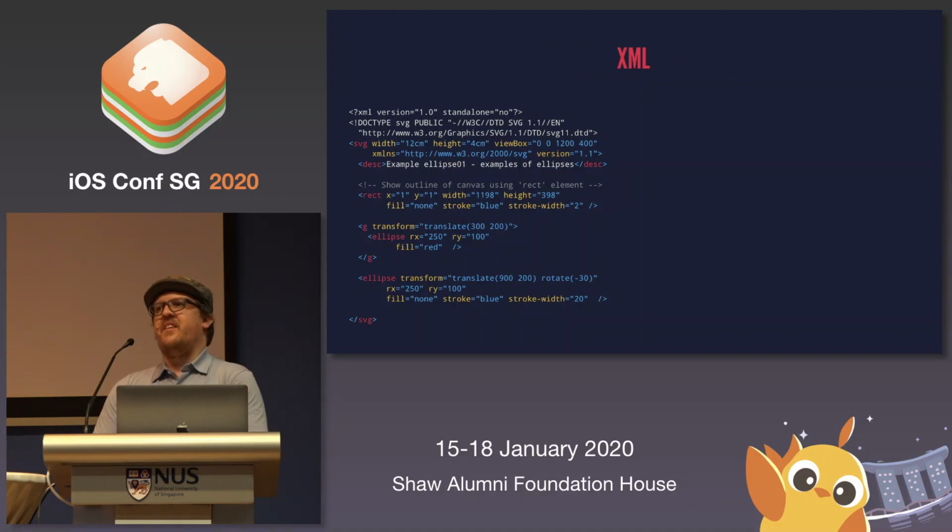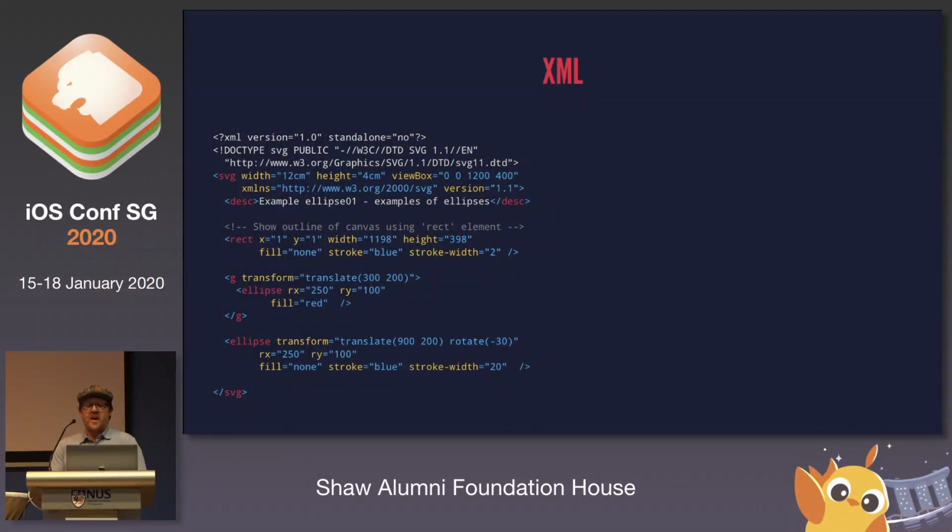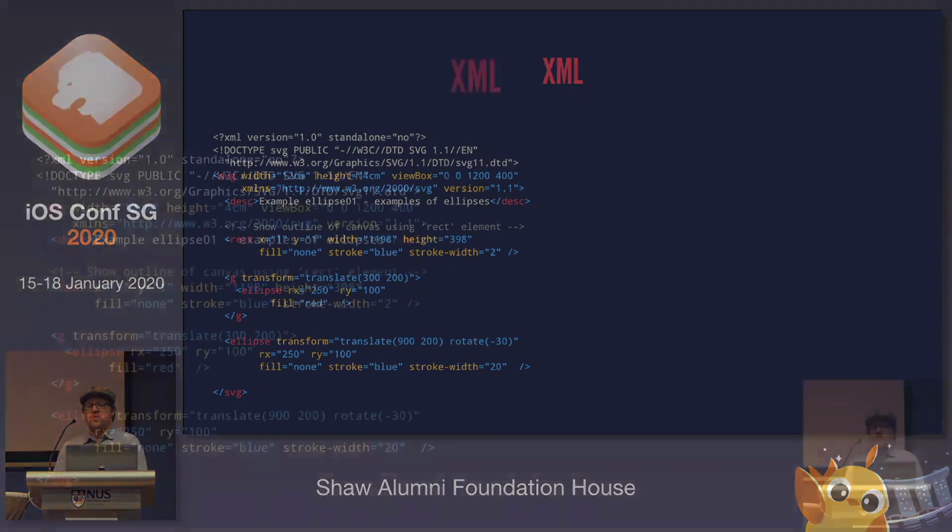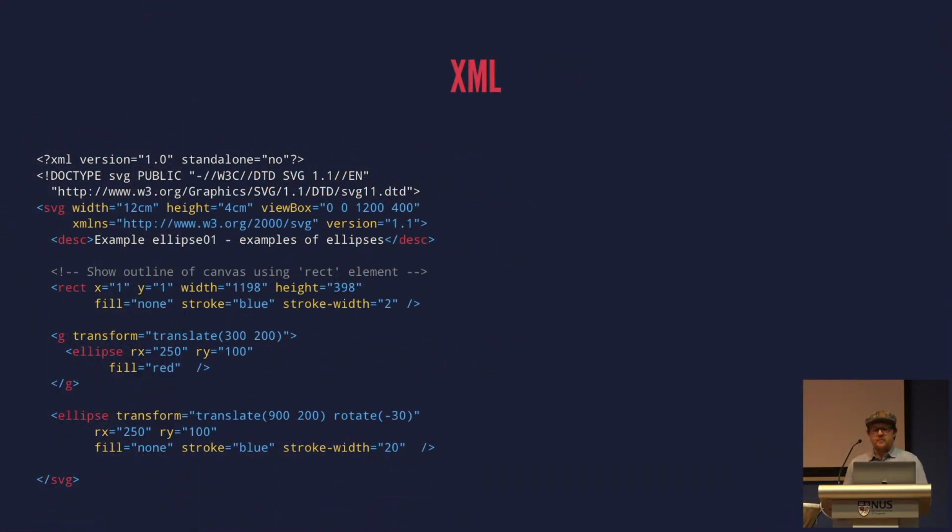This is an SVG file. It's quite nice, it's got some definition in there, it's saying what standard version it's at, and then we've got things that are well named and well defined. We've even got comments and documentation in there. Everything JSON doesn't have. But yeah.